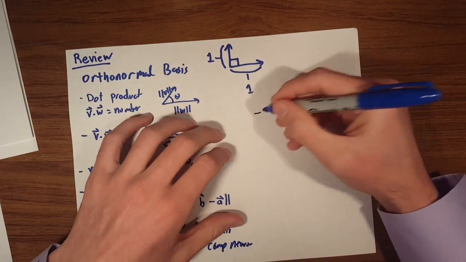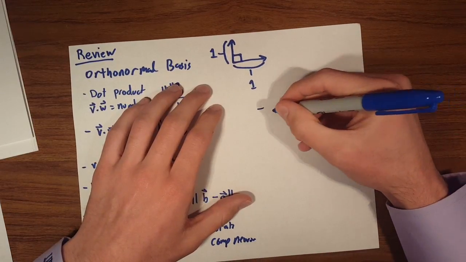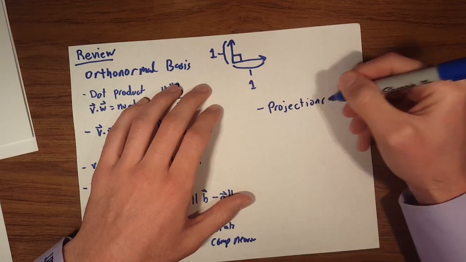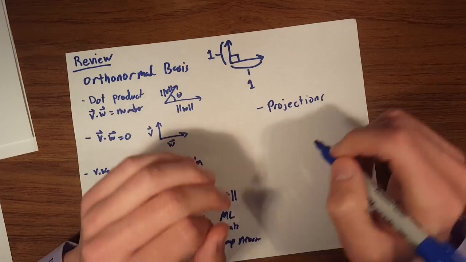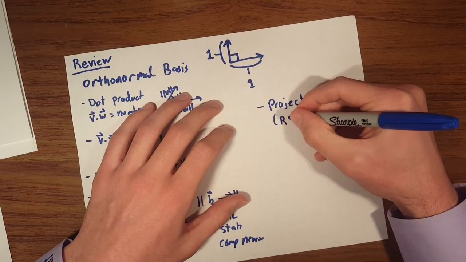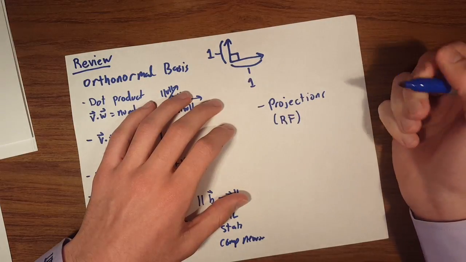And then we talked about projections and how to compute them from the dot product, and what they mean in some computational neuroscience applications and how they mesh with the idea of a receptive field.